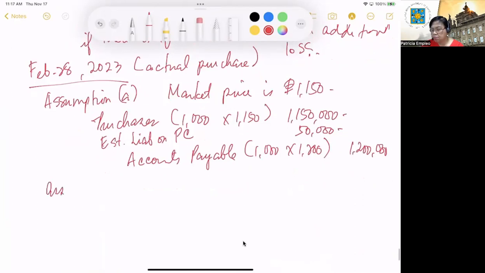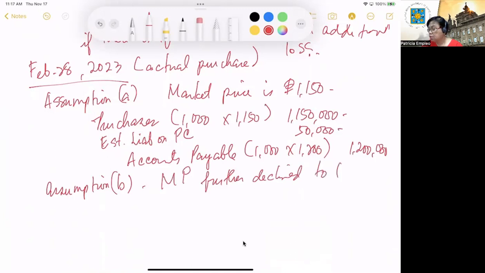Then assumption B. The market price further declined to 1,100,000. Okay, therefore, what will be our entry? We debit purchases at what?